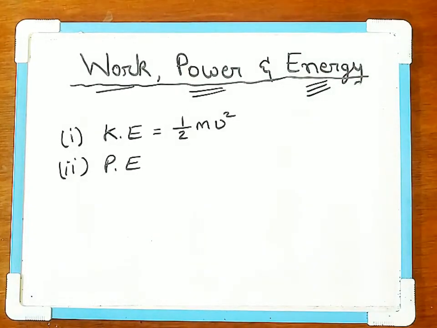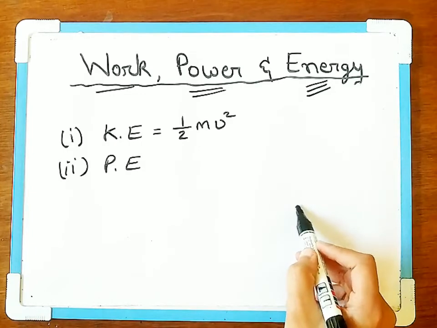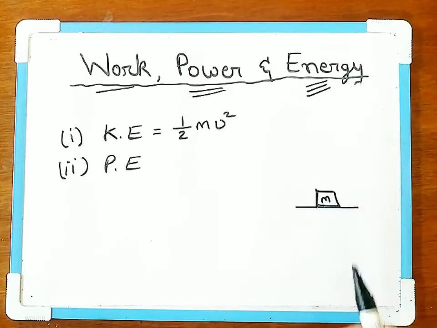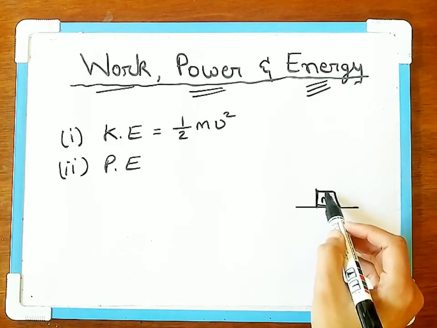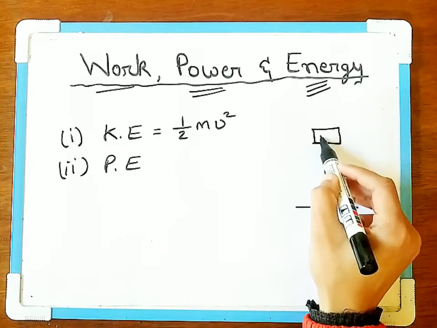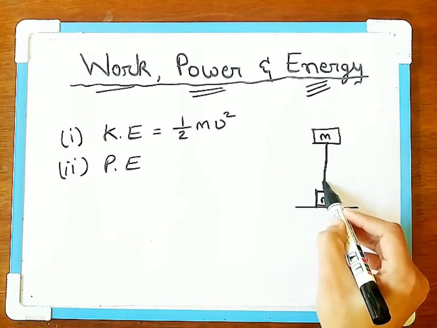Now potential energy, PE, is defined as the energy possessed by a body by virtue of its change in position or configuration. Here we take, for example, an object of mass m on the ground, and we displace this object by a displacement s in this direction.